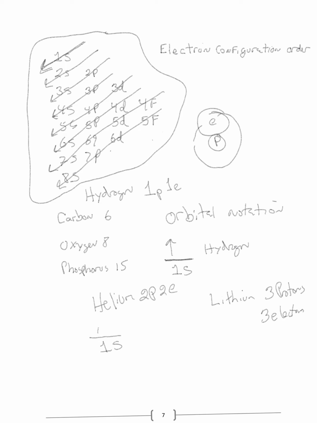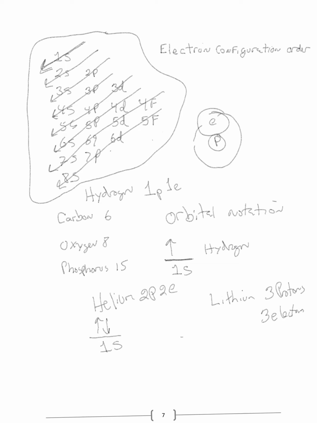So I'm going to put one arrow here like this, and we know that you have to have the electrons spinning in opposite directions. The direction of the arrow represents the spin of the electron. So I have one going up and then one going down, and that's representing two electrons, spinning in opposite directions.